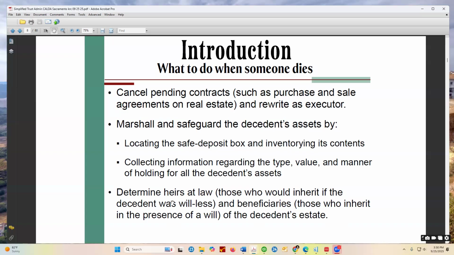Heirs, the definition is people who might inherit or could inherit, and that doesn't mean anything has been allocated to them. The term beneficiaries are those who are named in the will or the trust, and so then they have a beneficial interest.